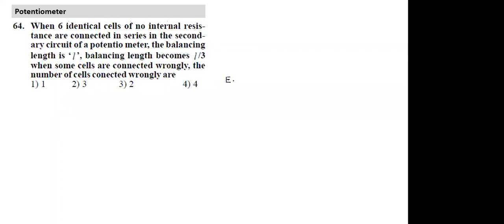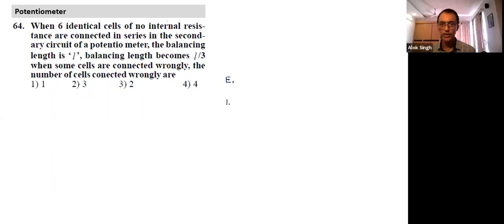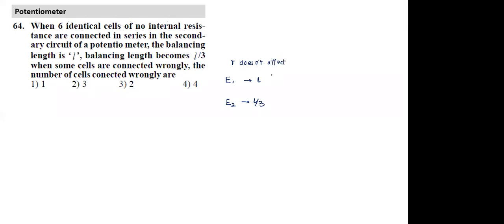For E1, you have some balancing length L, and E2 also has some balancing length, L by 3. Another point you have to keep in mind: internal resistance doesn't matter. It doesn't affect the balancing length, so even if these batteries had internal resistance, that will not come into the picture.